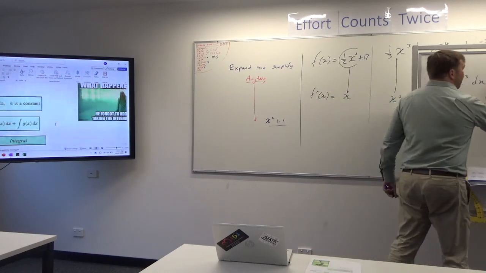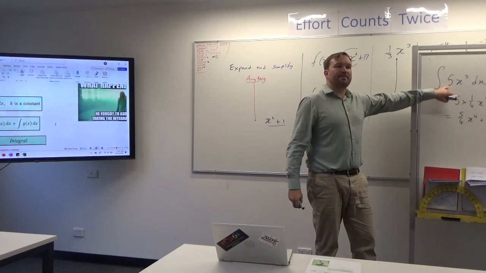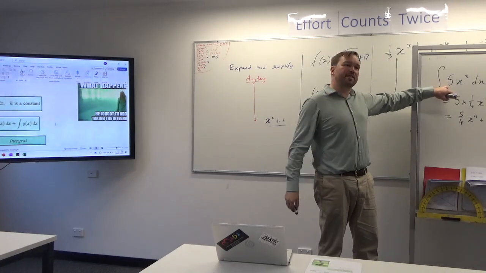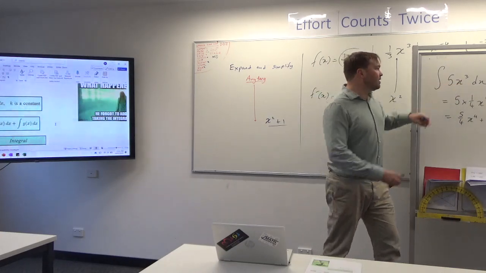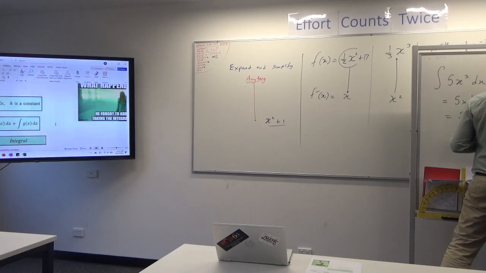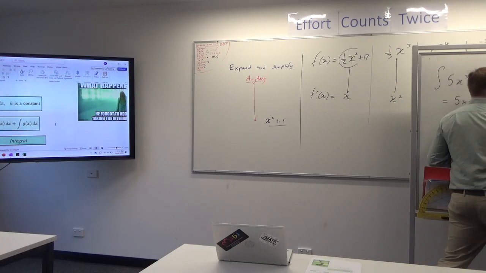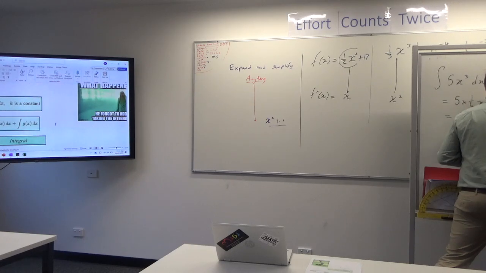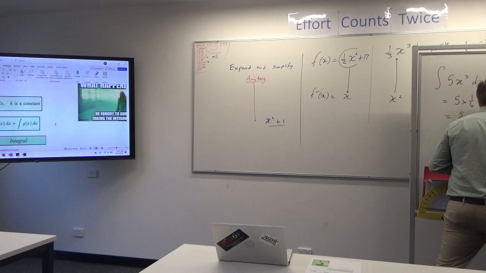The other way to think about it is this constant of 5, if it's a factor, can be removed out the front of the integral. The integral and the dx almost treated like a pair of brackets. You can think of this as 5 lots of the integral of x to the power of 3 dx, which is 5 lots of 1 on 4 x to the 4 plus c, which is 5 on 4 x to the 4 plus c.